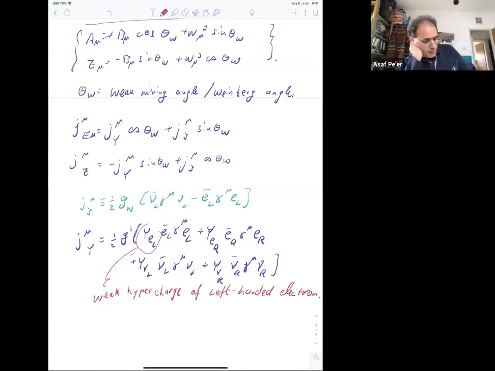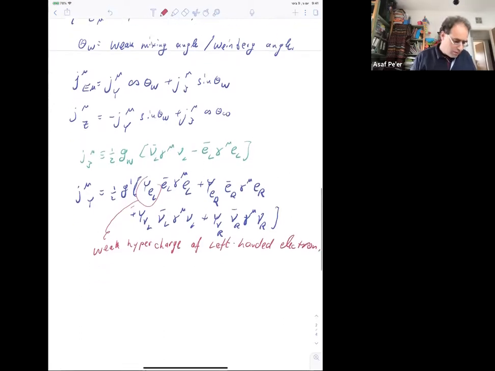Okay. Now we can actually find these hypercharges. It's something which we can derive from the requirement, from what we're seeing, that the photon couples equally to the left-handed electron and the right-handed electron, and it is not coupled at all to the neutrinos.